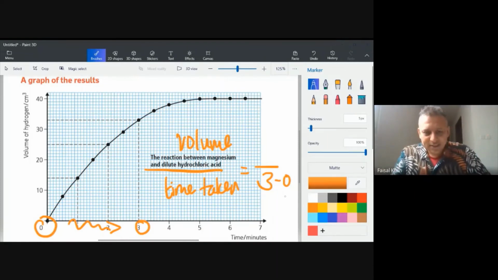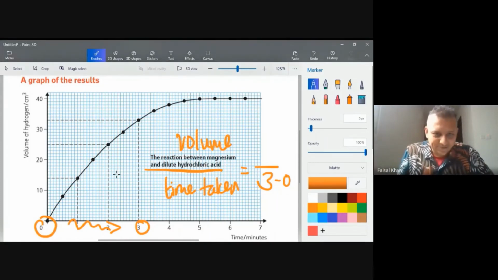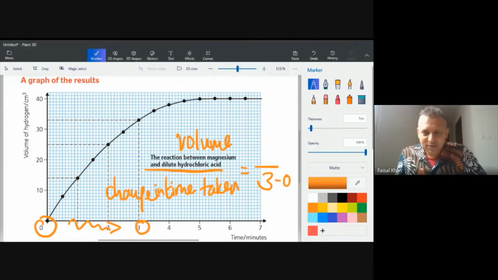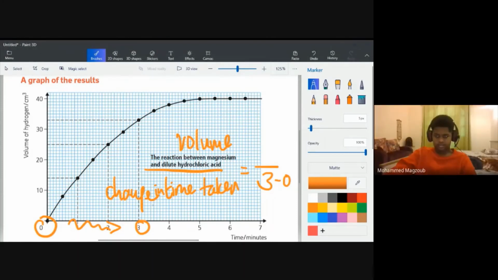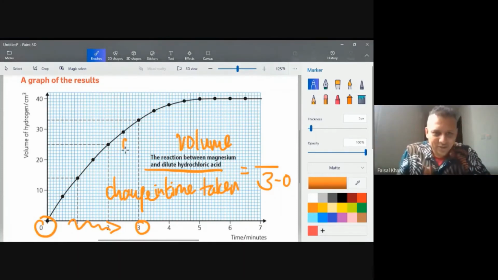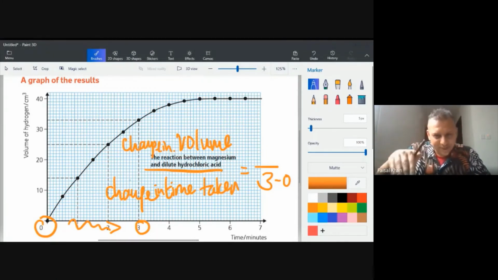And another word for difference is change, and that's what I've been using throughout. Would you agree, Hamza? Yes, sir. So it's not just volume, but it is the change. So in order to work out a change, now your approach is correct.